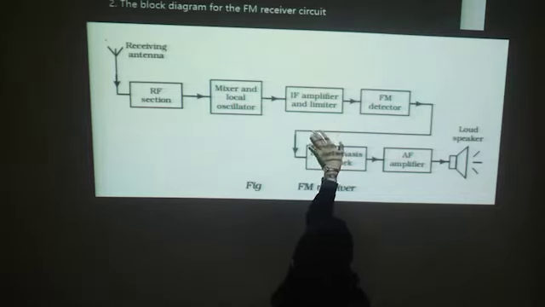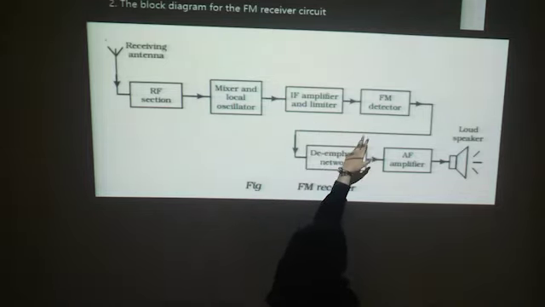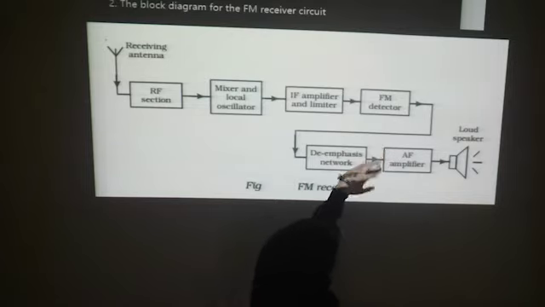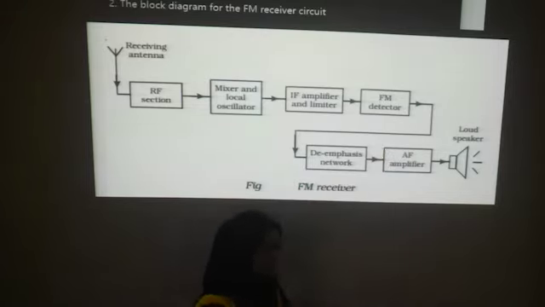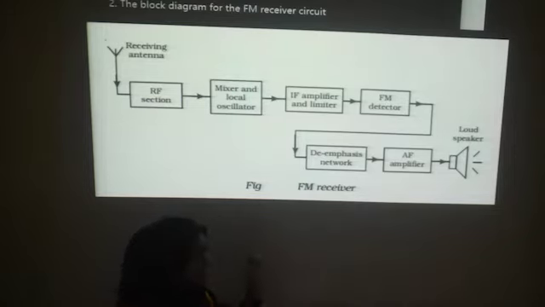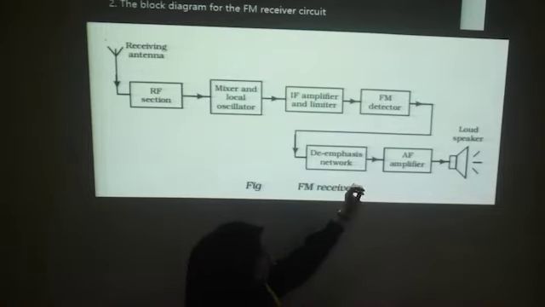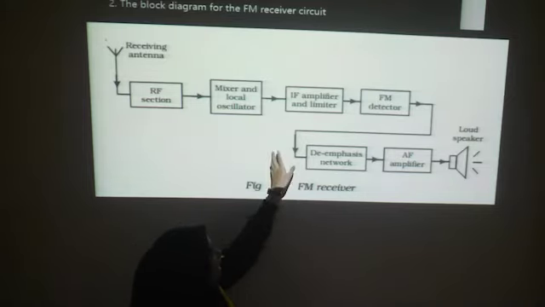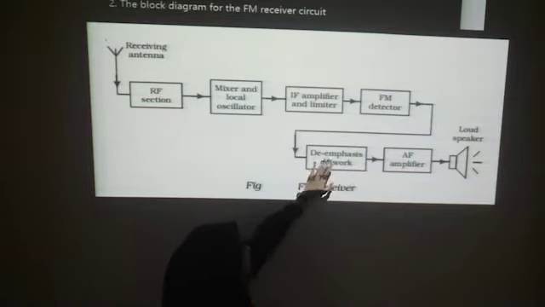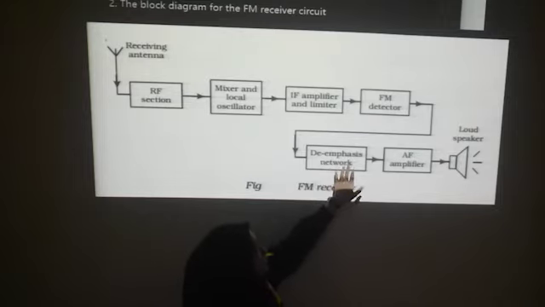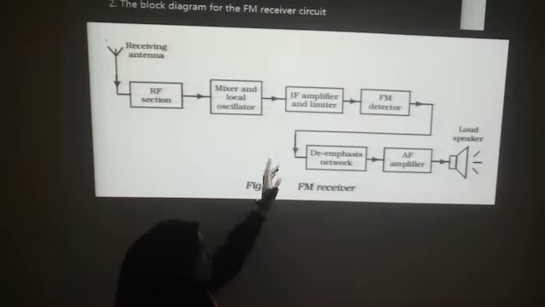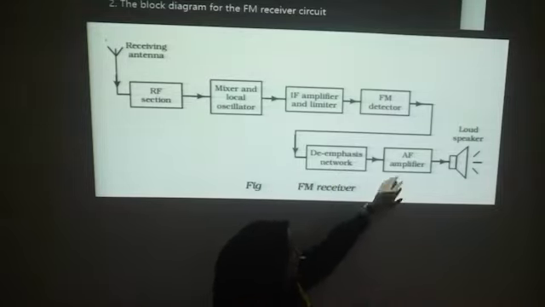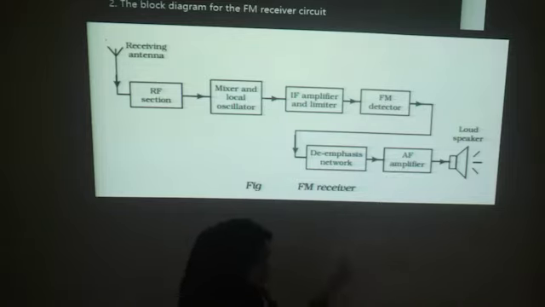And then after the IF, it is converted by the FM detector. The FM detector consists of a tuned circuit where the center frequency is tuned to a frequency slightly offset from the carrier of the signal. After the signal is carried, the emphasis network compresses the signal to the AF amplifier.